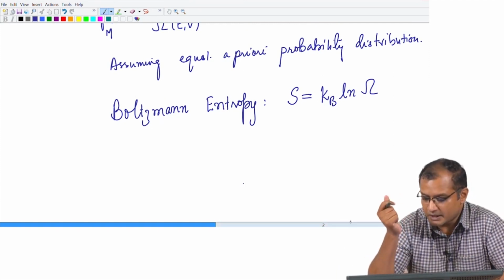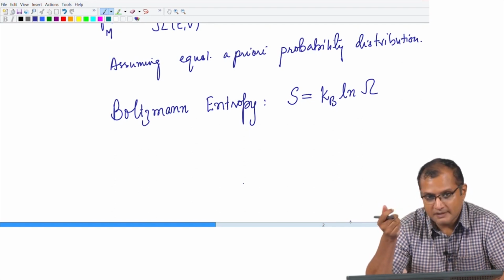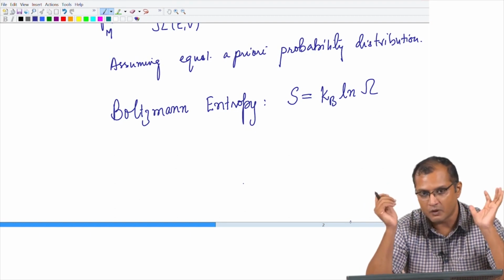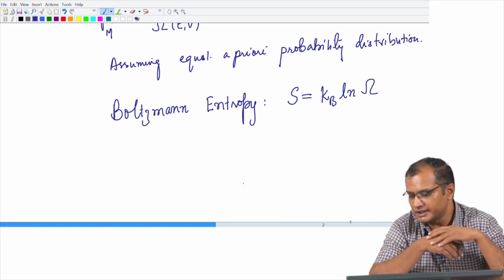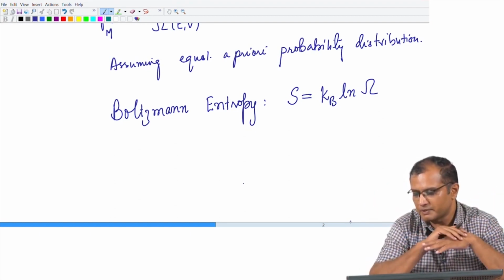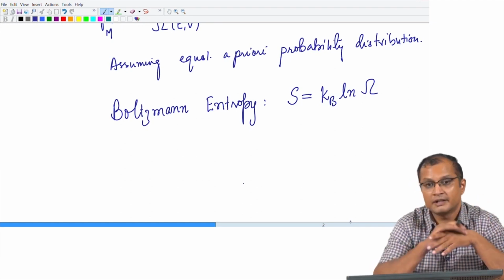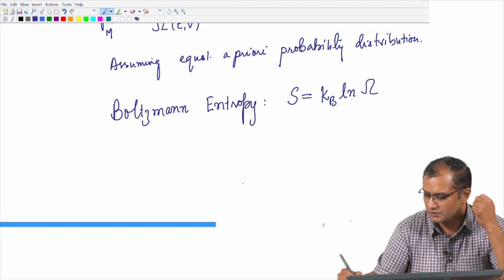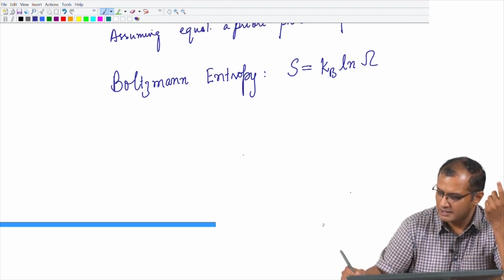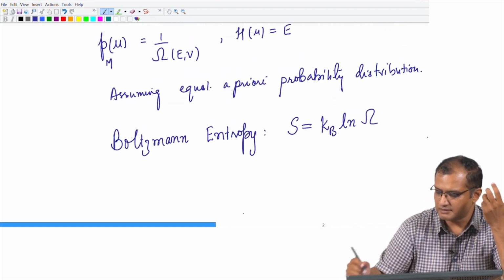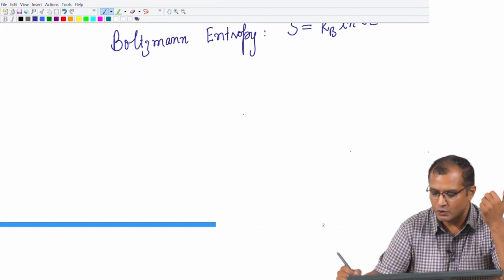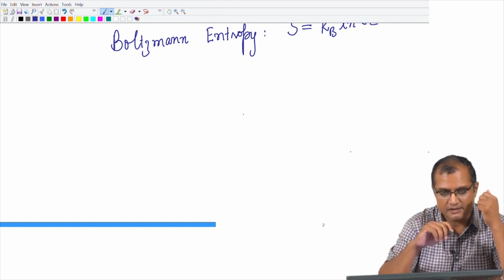nothing but a statement that the entropy is an additive extensive quantity, and the calculation of entropy is logarithmically related to the number of states accessible to the system. Okay. So, armed with this important rule, we can look at some interesting cases.